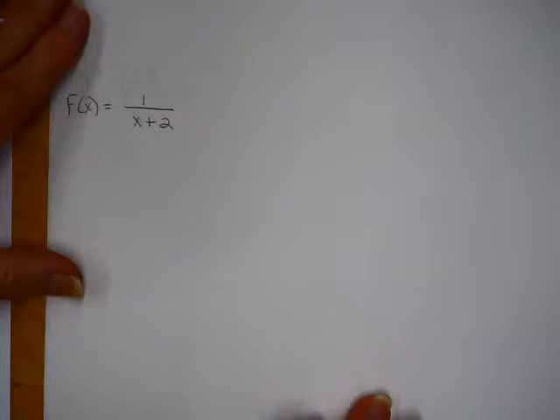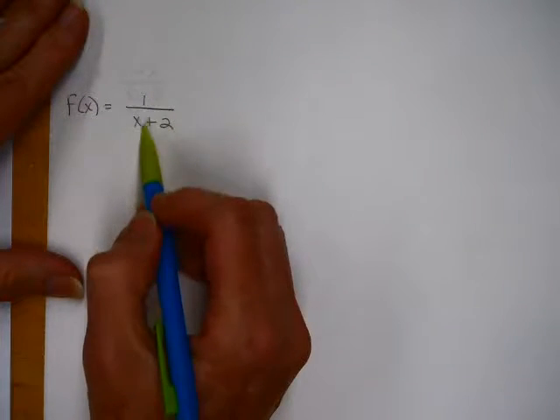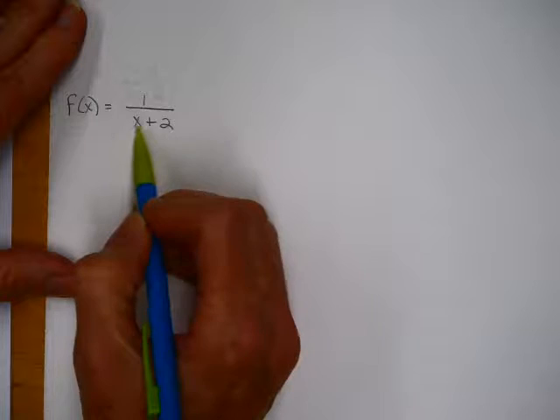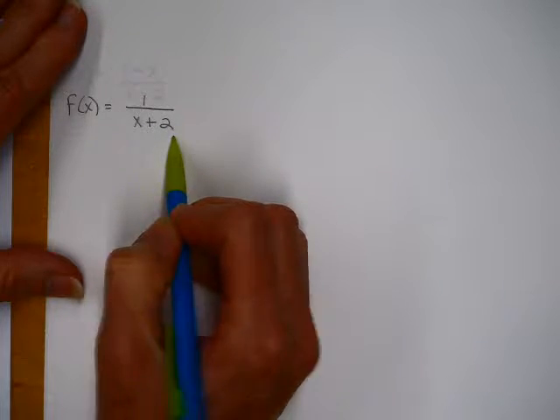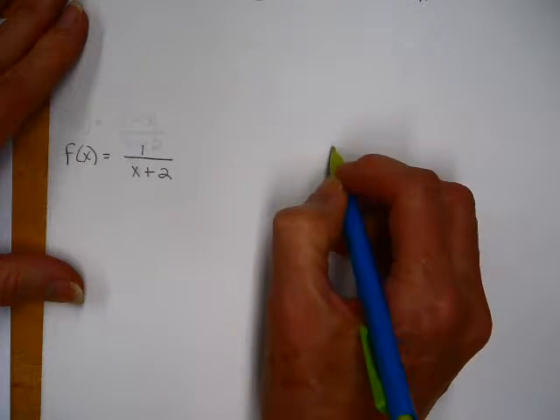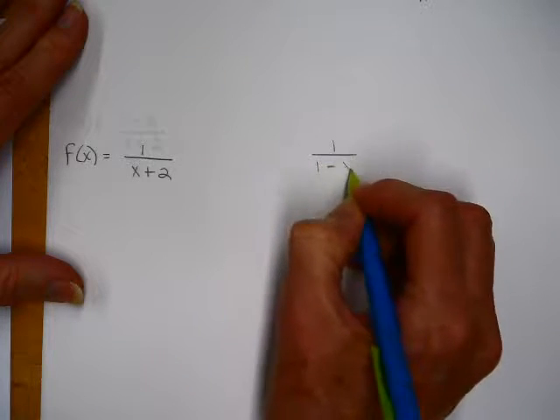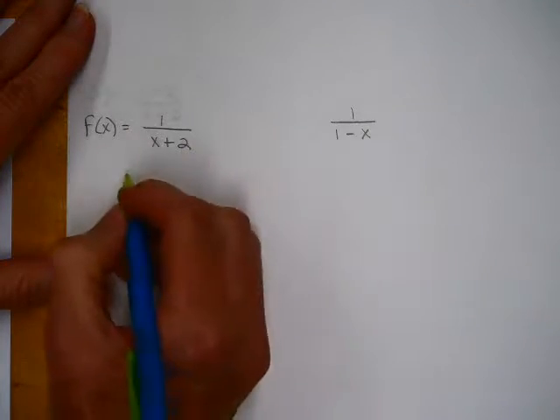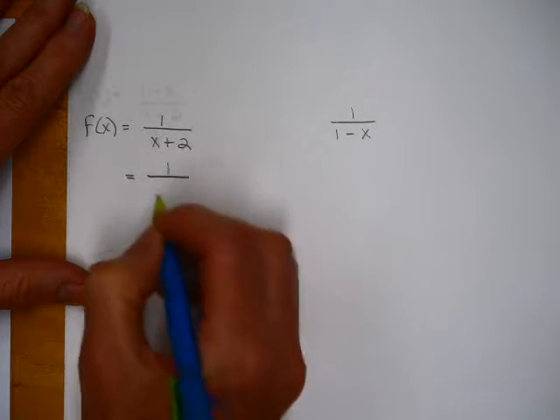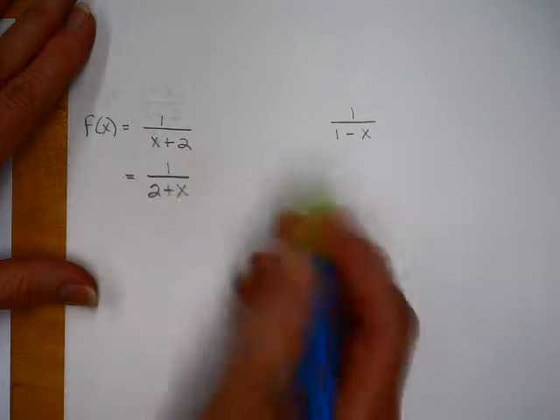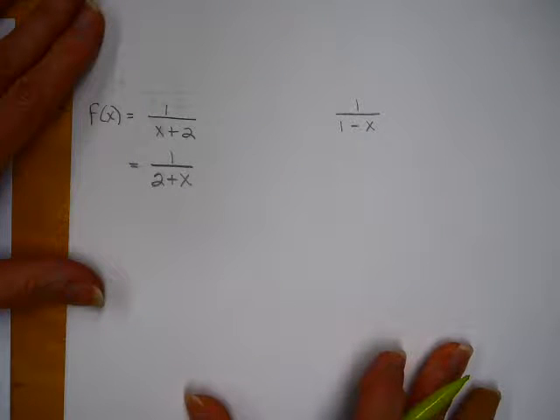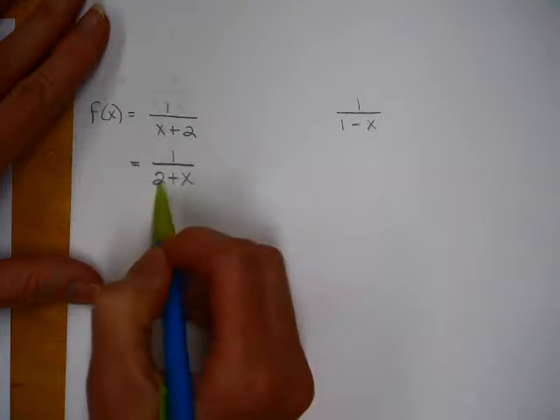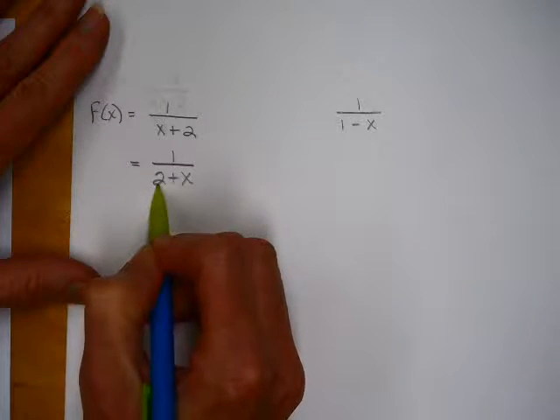Right, here's another one. F of x equal to 1 over x plus 2. Well, somehow I've got to get it in the form 1 over 1 minus x. That's what I need it to look like. So I would rewrite this. First of all, change the order, so I have the constant first. Then I've got to get a 1 right here.